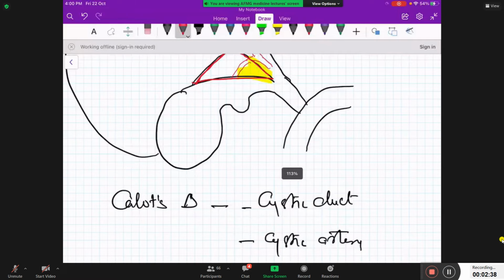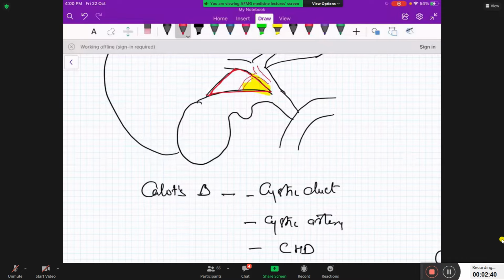So this yellow triangle is a Calot's triangle, right? And the boundaries of Calot's triangle are common hepatic duct, cystic artery, and a cystic duct.